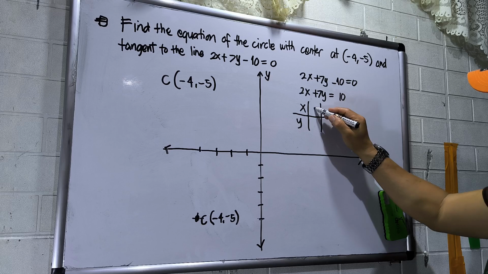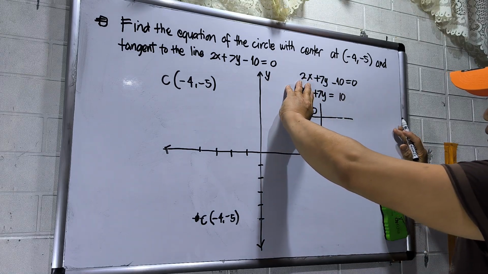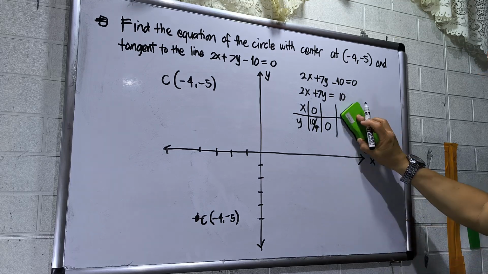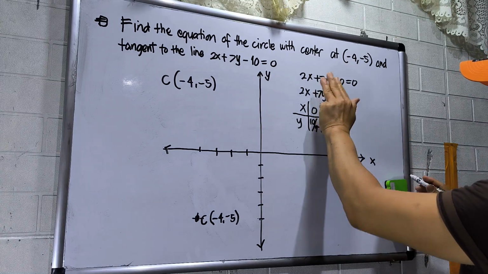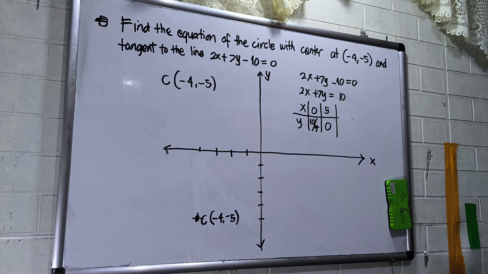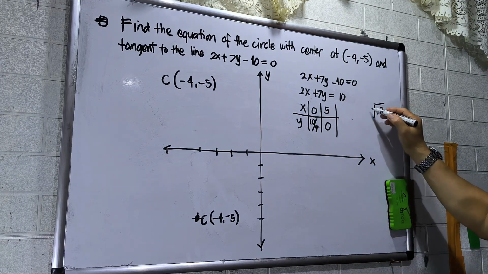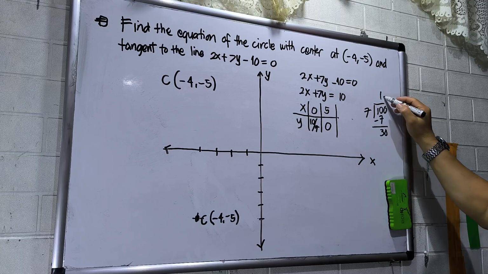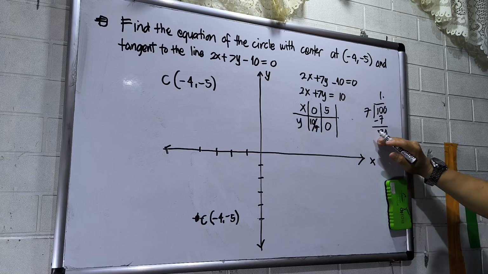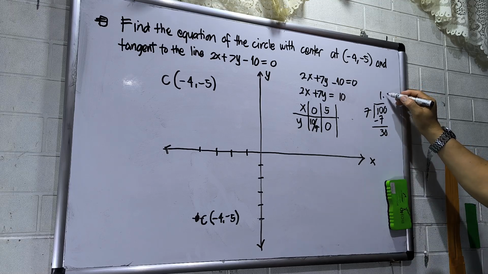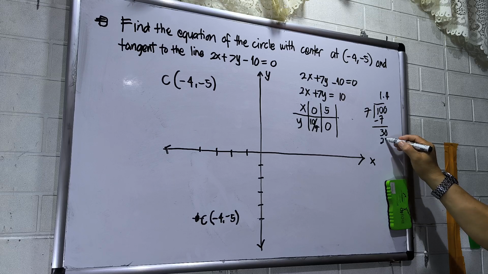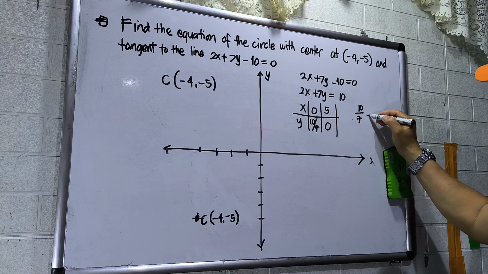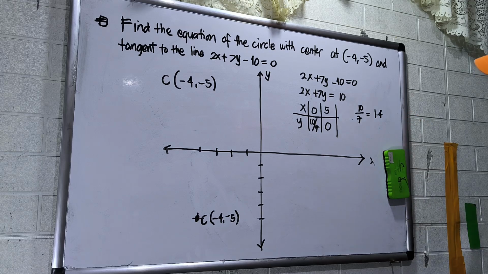When x is 0, y is 10/7. When y is 0, x is 5. What is 10 divided by 7? It's 1, then 7 into 30: how many 7s are there in 30? 4, that will be 28. So approximately 1.4, so 10/7 is about 1.4.